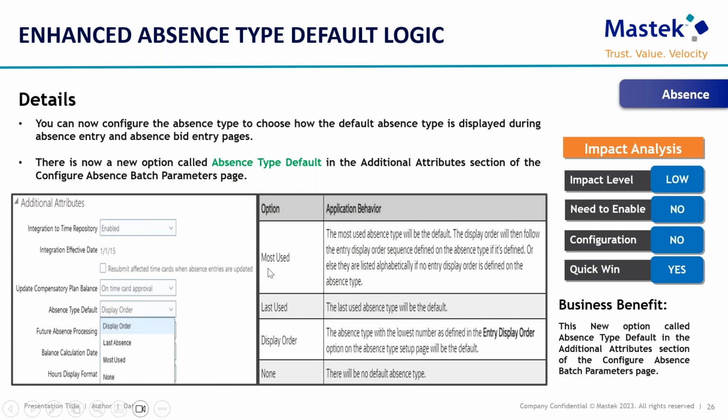The most used option refers to the display order if it has been defined. If you did not define the display order, then Oracle will automatically display the absence type in alphabetical order. And the last used option is to display the absence type based on the employee's use of the absences. So whatever absence they have applied within the last couple of months or latest, that will be the very first absence type, and the second will be the second most applied absence, and so on.